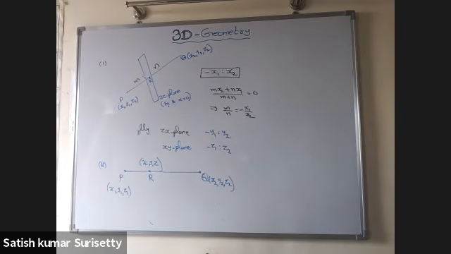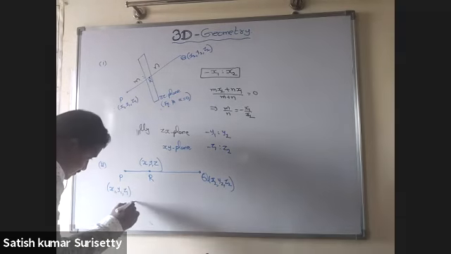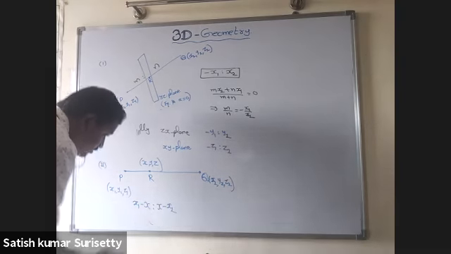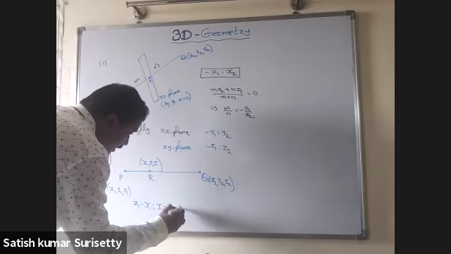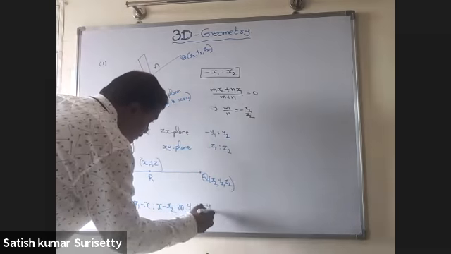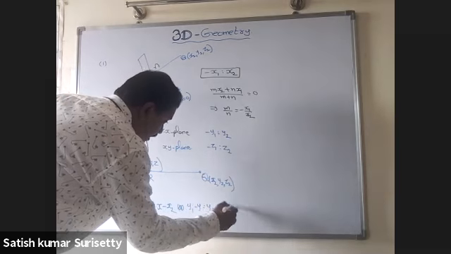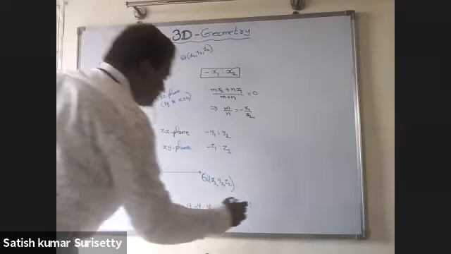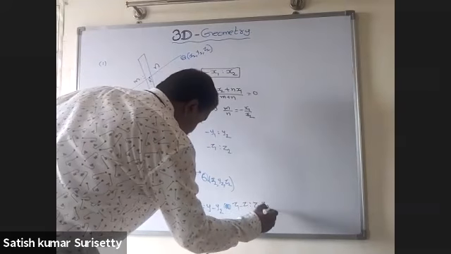The ratio in which R divides PQ is either x1 minus x is to x minus x2, or y1 minus y is to y minus y2, or z1 minus z is to z minus z2.